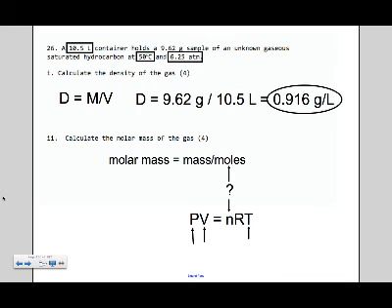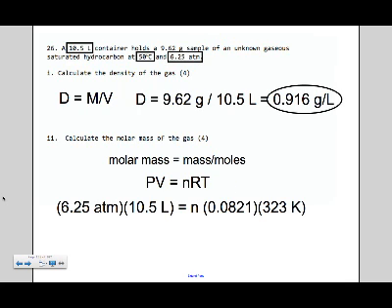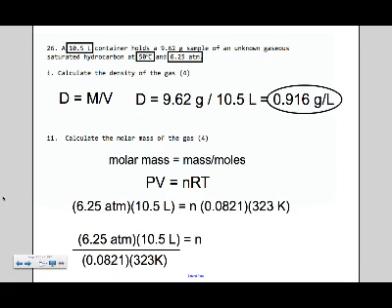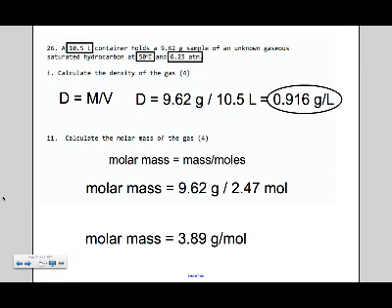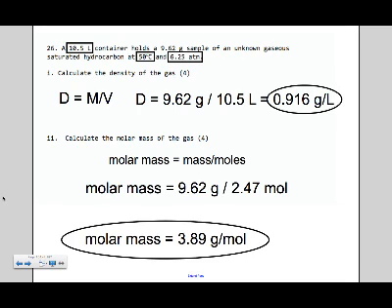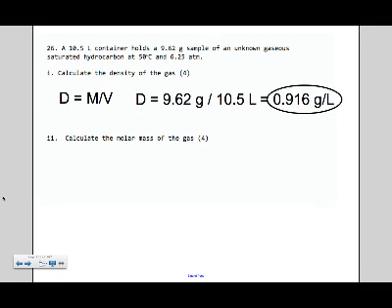We've got pressure, volume, and temperature, and we can find the number of moles through that. So 6.25 atmospheres, 10.5 liters is the pressure and volume. We're going to use 0.0821 because it's in atmospheres, and the temperature is 323 Kelvin. We divide all that out. The number of moles is 2.47. So 9.62 grams divided by 2.47 moles means that the molar mass is 3.89 grams per mole.